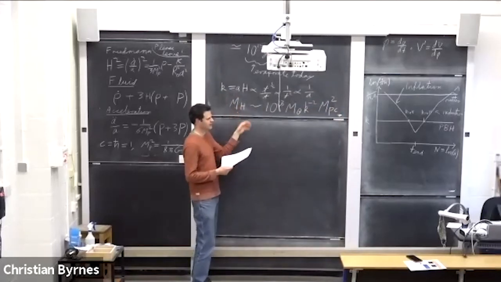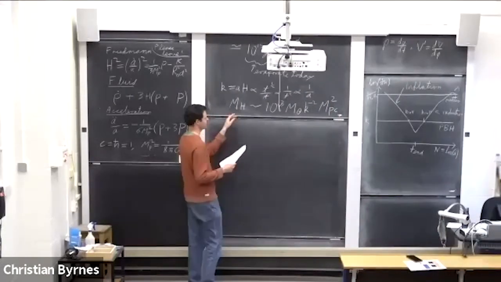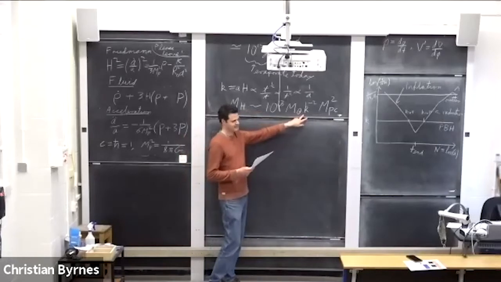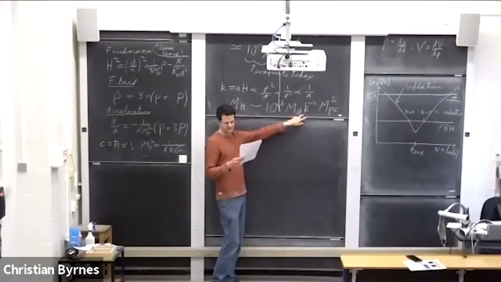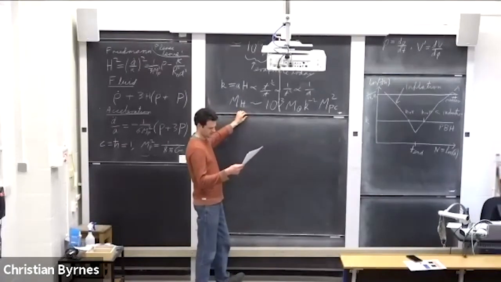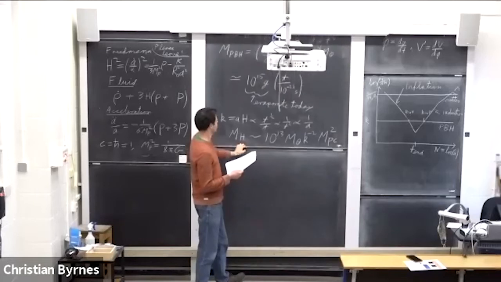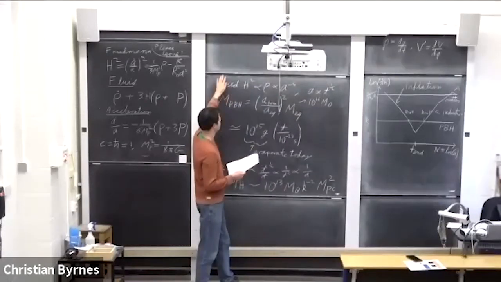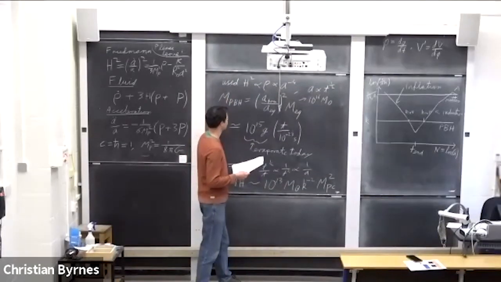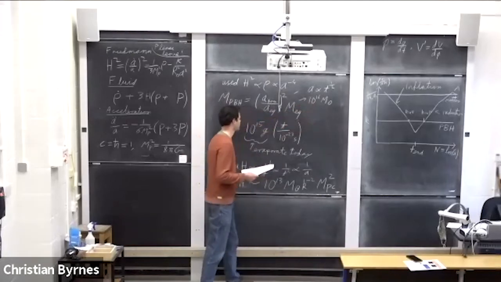So now we've got another important relation. We had one in terms of time, one in terms of scale factor. Here we've got one in terms of k. This one here is 10 to the 16 solar mass.